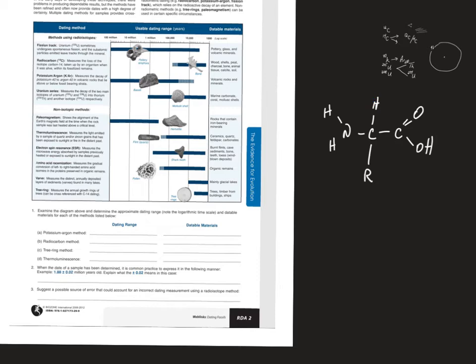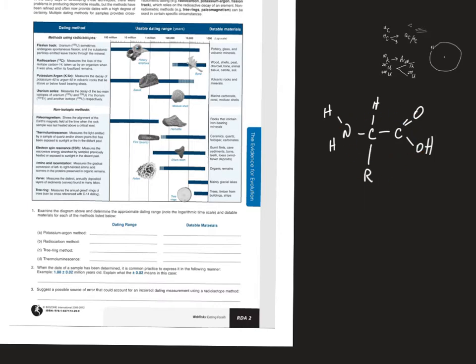R group on this side, you call it another isomer. This amino acid racemization, what they mean by that is that you're going to have 50-50, or you have 60-40, or you have 20% right-handed, 10% left-handed. Whatever the percentages are, they tell you how long the amino acid's been around.